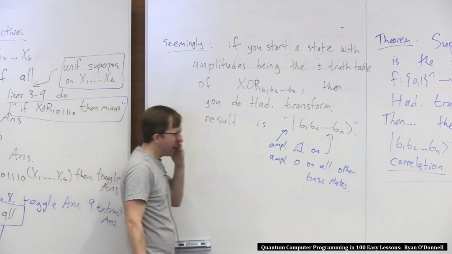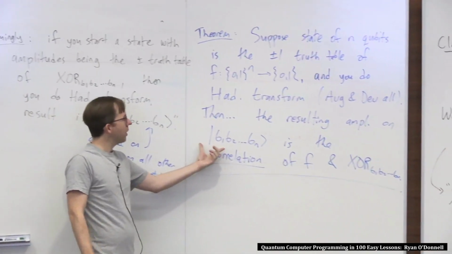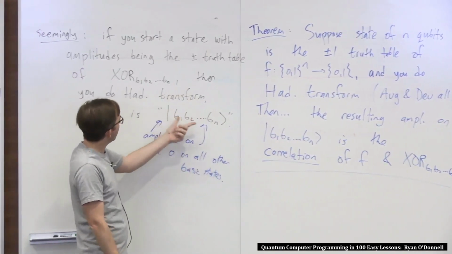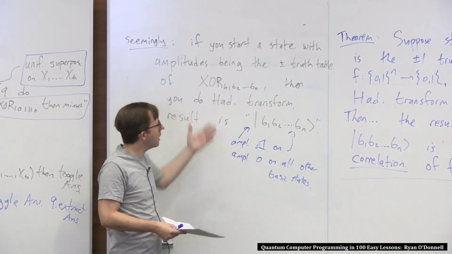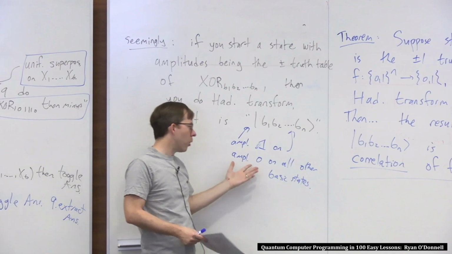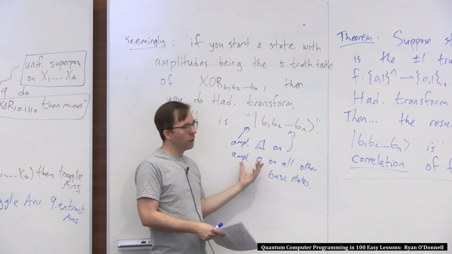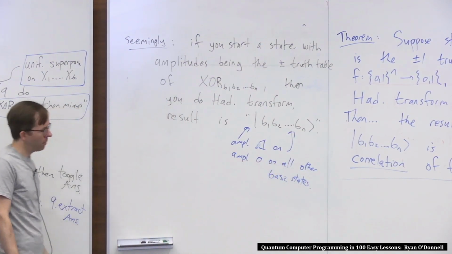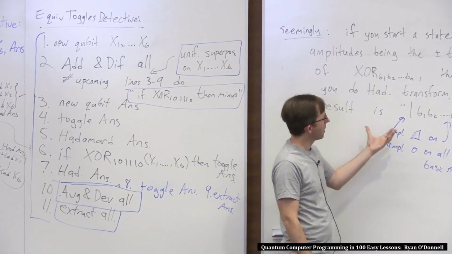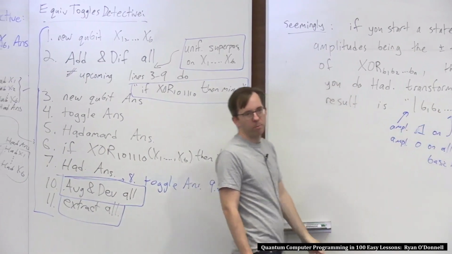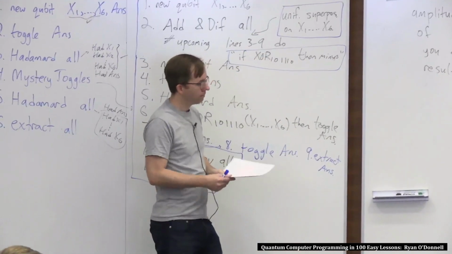So this is telling us, in particular, that the resulting amplitude on the B string, which happens to be this bitmask, is 1. That's sort of full correlation, because indeed f is this function. And moreover, it has no correlation with any other bitmasked XOR function. Maybe that's less intuitive, but it should make sense that we get a full correlation on this XOR function.